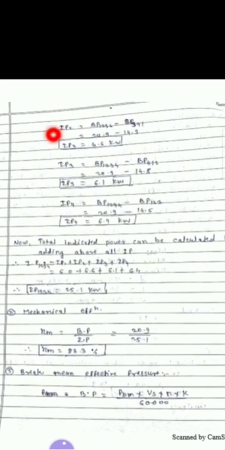In the same manner we have to find the indicated power of the second, third and fourth cylinders. IP2 is the brake power with all cylinders firing minus the brake power when the second cylinder was inoperative. In this way we get IP2 as 6.6 kilowatt, IP3 as 6.1 kilowatt and IP4 as 6.4 kilowatt. So we get the individual indicated powers of all 4 cylinders.